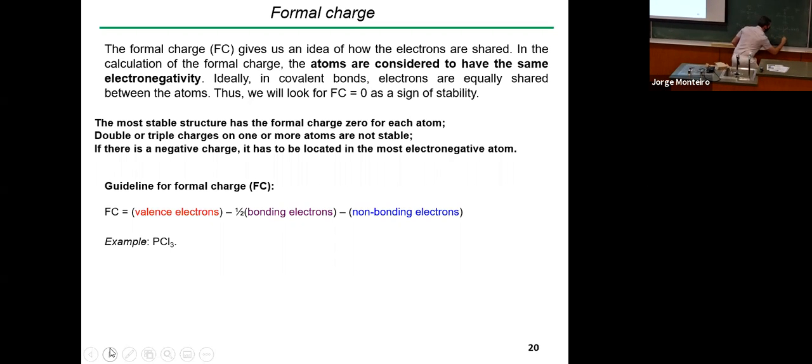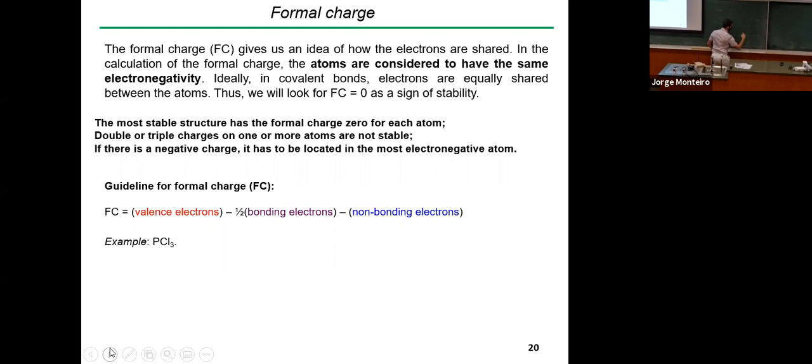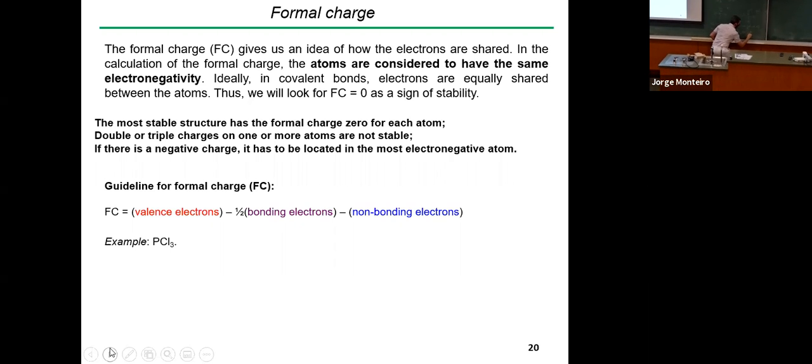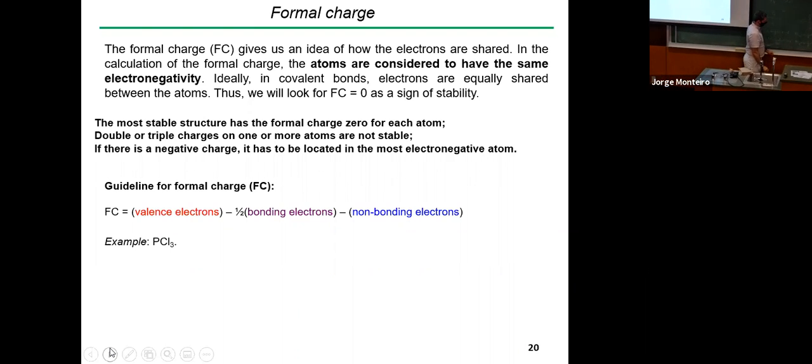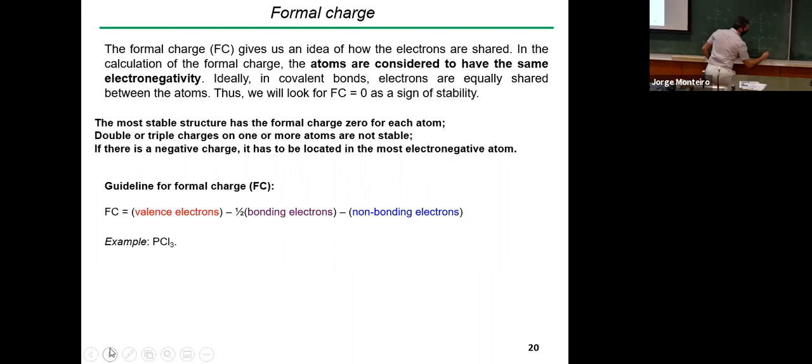Six minus 1, 2, 3, 4, 5 covalent bonds, for 10 bonding electrons, and no lone pairs. 6 minus 5, that's a +1 charge.